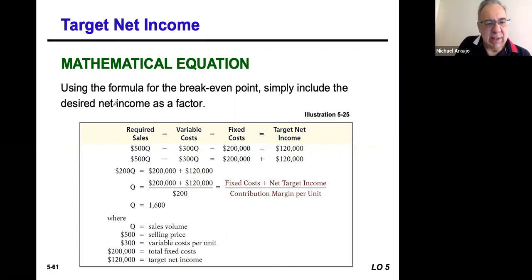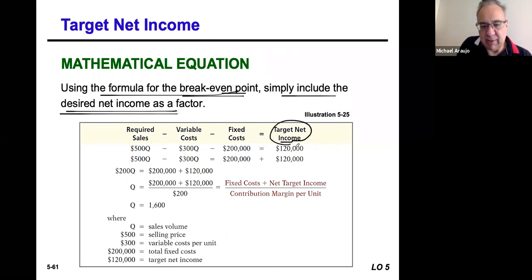In this case, we first started by using the mathematical formula to calculate the break-even point. We simply include, instead of break-evening to zero, a target income in here. So instead of it being zero, which is what we did in break-even analysis, we simply put the number here of the profit that we want for that period of time. But it's set up in the exact same way.